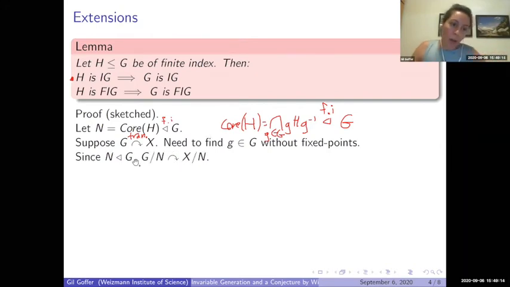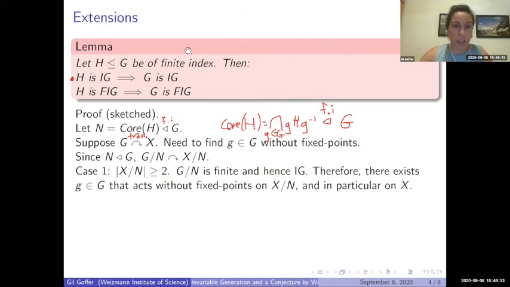Now observe that since N is normal, the quotient group G mod N acts on the space of N orbits, the space X mod N. And now there are two options. Either this action is non-trivial, by which I mean that the space of orbits has more than one element.